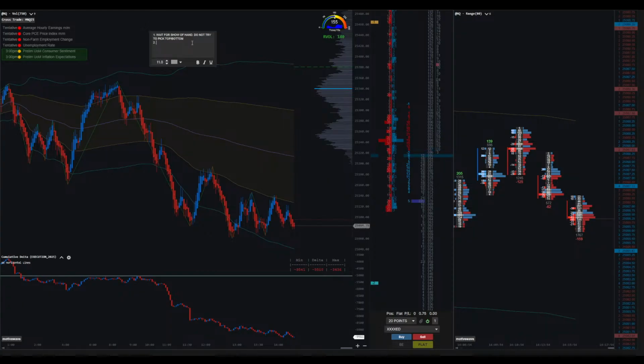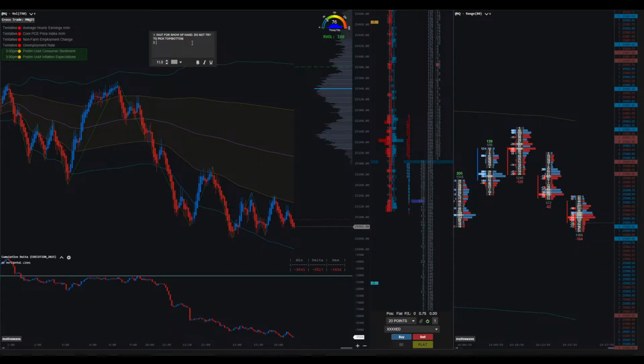So I cannot keep doing the same thing over and over. So I need to wait for the show of hands first, then maybe get in on the retest instead of trying to be cute and try to pick a bottom. That's not the way to do it.